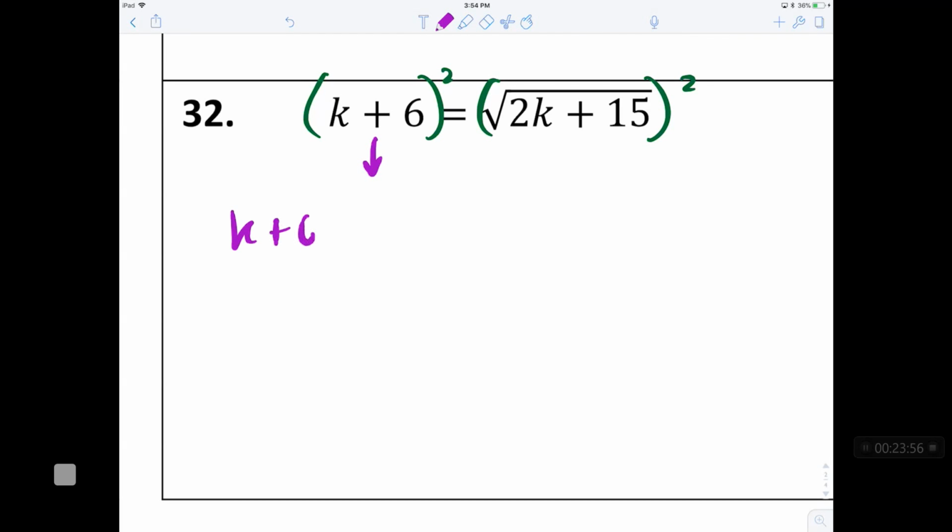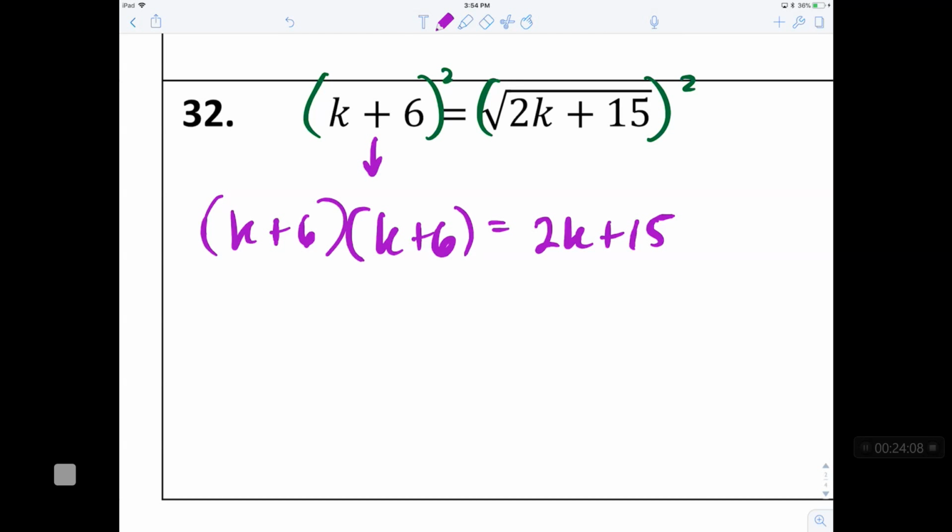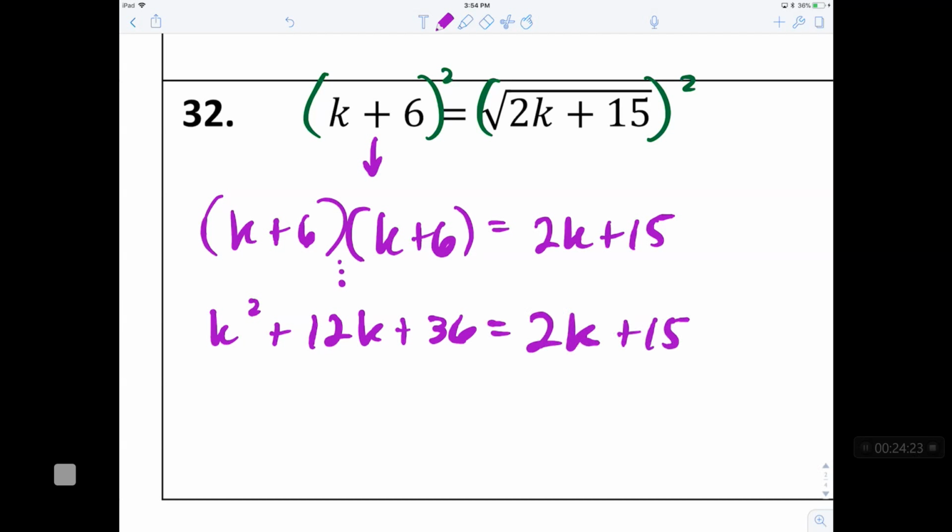It is k plus 6 times k plus 6. And then now I got the 2k plus 15 out of the square root. All right, I need to FOIL the k plus 6 times k plus 6. And when you do that, you get k squared plus 12k plus 36 is equal to 2k plus 15.